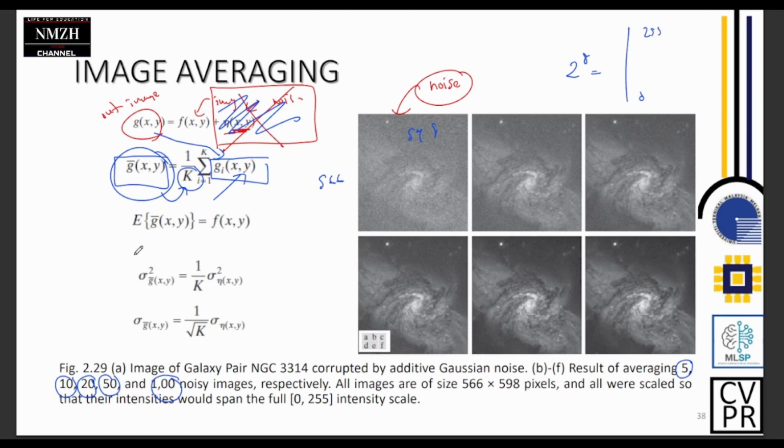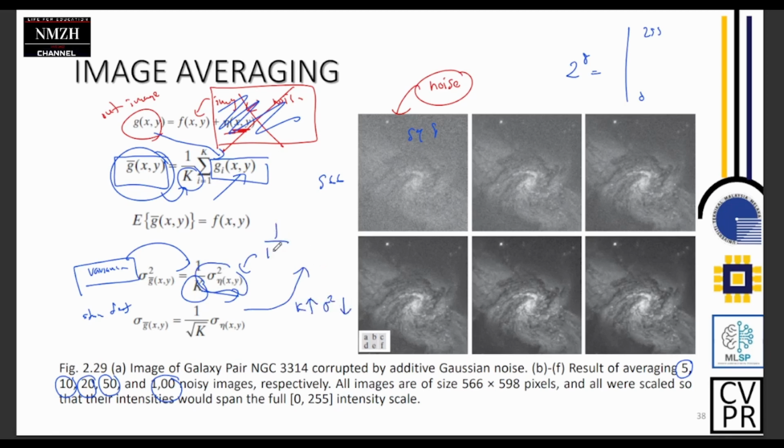So this one is variance, and this one is standard deviation. Do you know the variance over here? The variance states the difference between the original pixel and the noise-added pixel. The moment that we increase k, meaning the value of k rises, the variance becomes smaller, right?